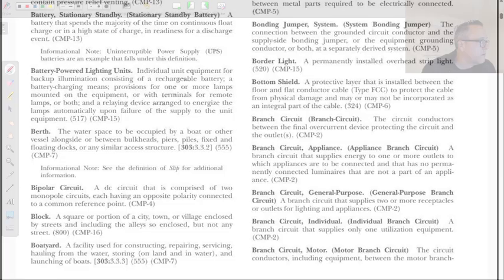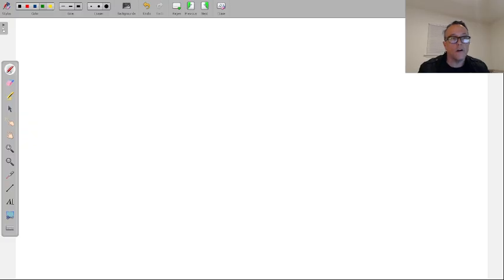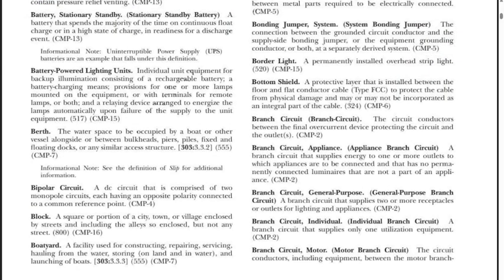Utilization equipment are things that we're going to use that are larger than appliances. They're not movable. They're just fixed large pieces of machinery in most cases. One easy one to understand is the air conditioner, which is in every single building. So one of the breakers inside the panel is feeding the air conditioners.